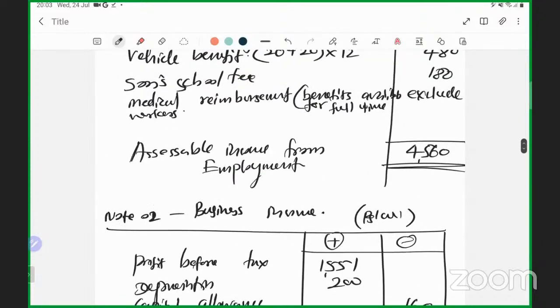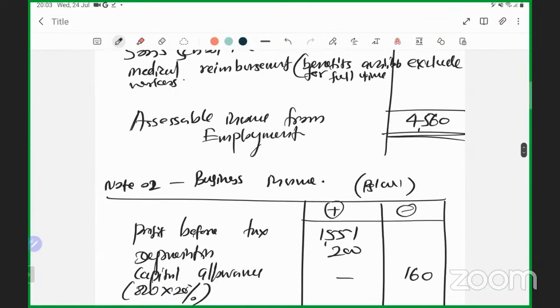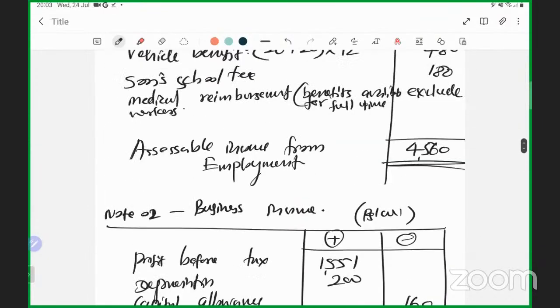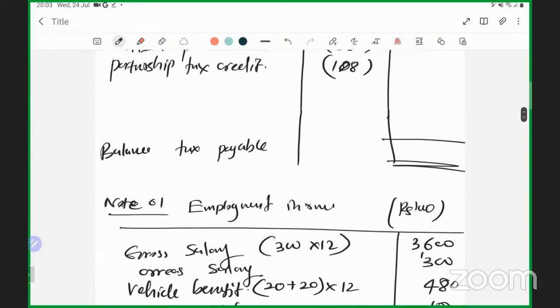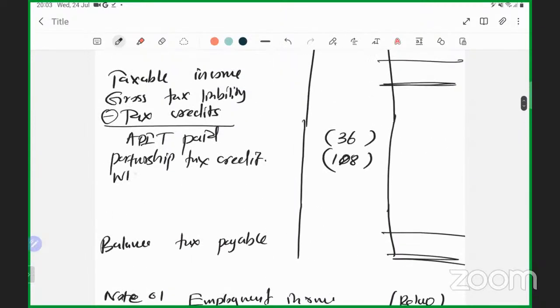On that, you already deducted, that means you already paid that tax credit. So withholding tax on interest: 360 at 5%.